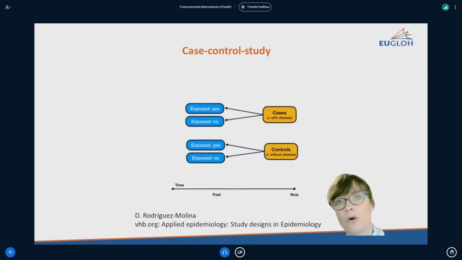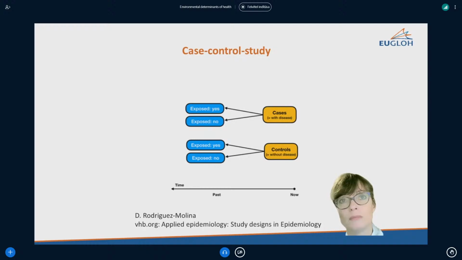This design is called a case-control study. Cases were children and teenagers with brain cancer, and controls comparable to the cases, but they should not suffer from brain cancer. In both groups, we then have to assess the exposure, in our case, mobile phone exposure.